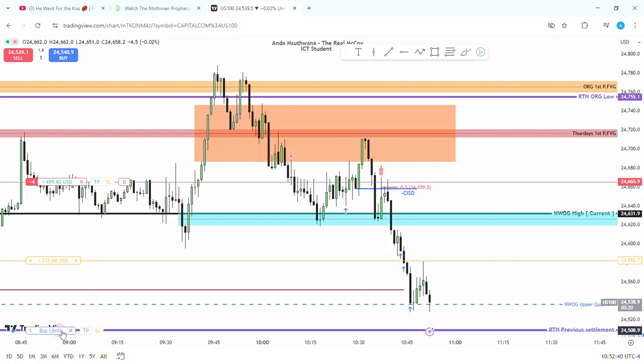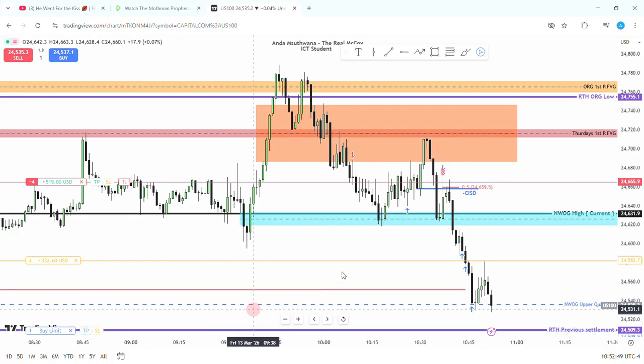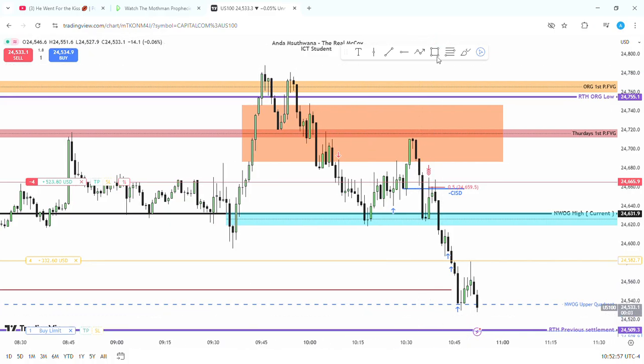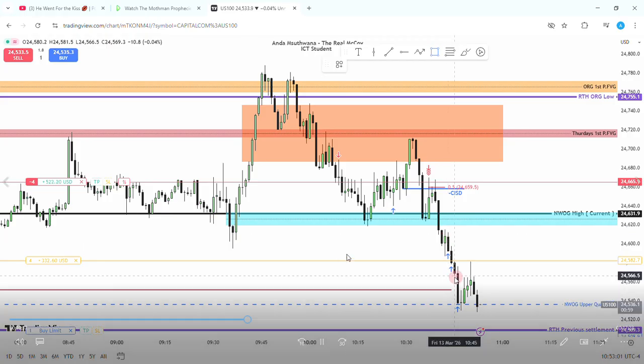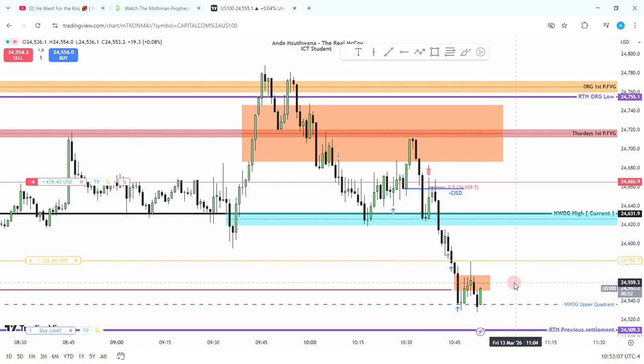And so yeah, that's the whole logic of sell side liquidity pools and relative equal lows. I think it's the easiest thing you could find on the chart and be able to determine, relative equal lows. Those are the easiest target points that you could target.